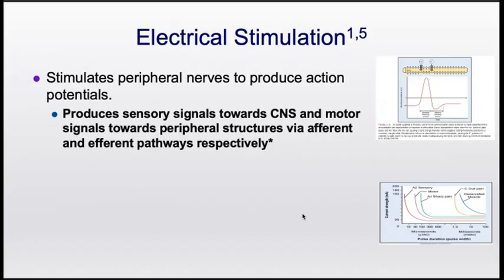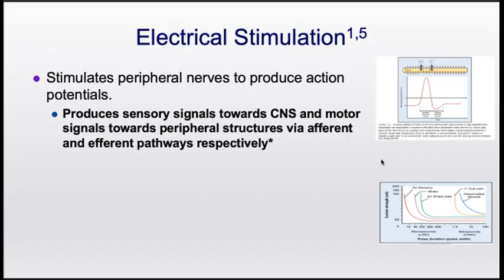When you turn on the machine, the electricity will flow through the machine, through the electrodes. It's attached to the skin, so it goes to the skin, and then it affects the local peripheral nerves. When that electricity hits the peripheral nerve, it sends a sensory signal towards the central nervous system.